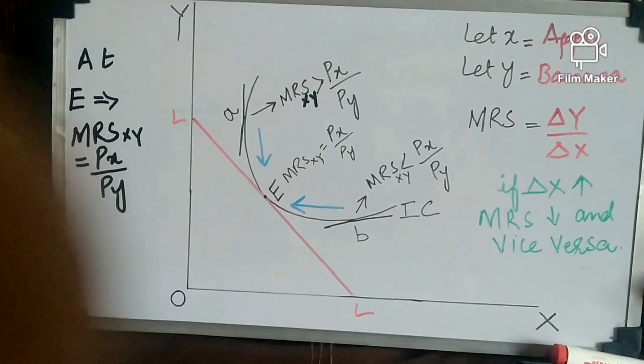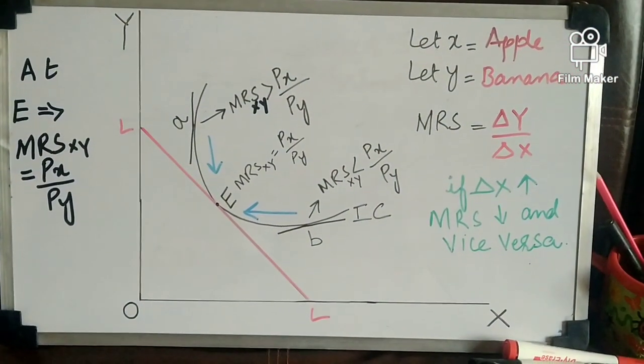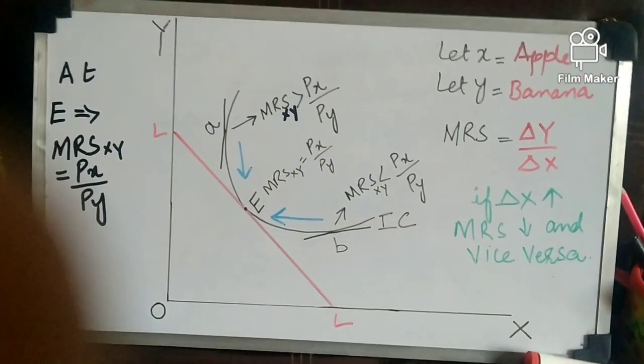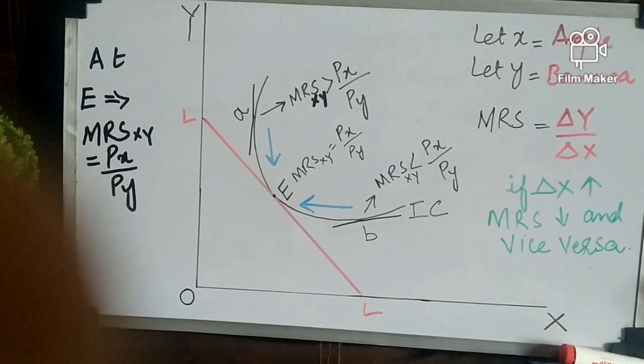As you know, the marginal rate of substitution is equal to delta y over delta x, which means how many units of bananas the consumer is willing to sacrifice to get an additional unit of x.